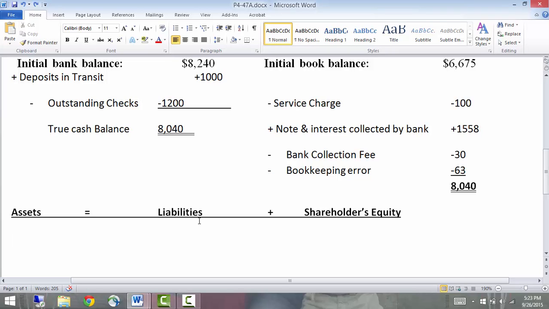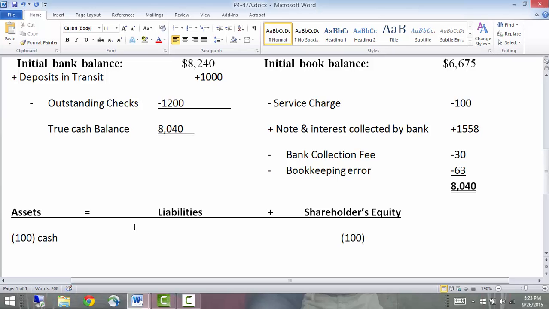Now B is dealing with the service charge of $100. So the bank is charging us $100 to have a checking account there. We don't actually write the bank a check or give them $100 cash. They deduct that amount from our bank account on a monthly basis, but it's still an expense.